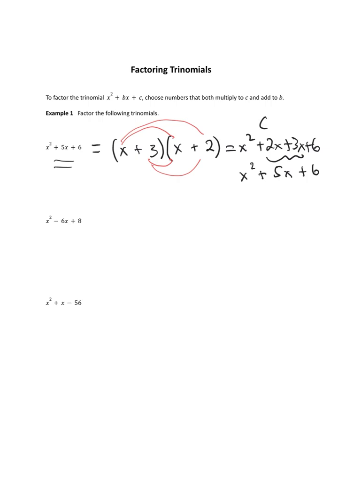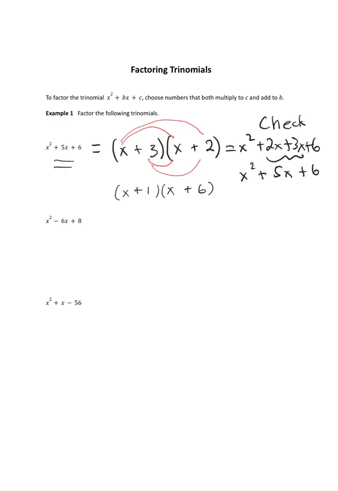Oh, hey, look, that's what we originally had. So this would be kind of the check part, whereas that fill in the blank stuff is a little bit of trial and error, right? So this one, I actually got it right on my first guess. However, I could have accidentally tried this, and it's not a problem. What if I tried 1 times 6?